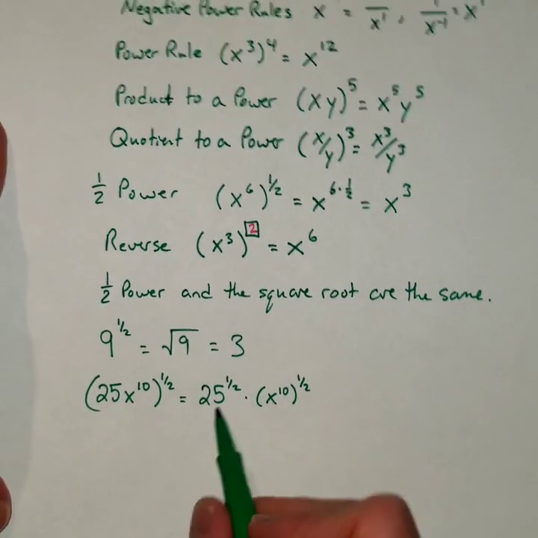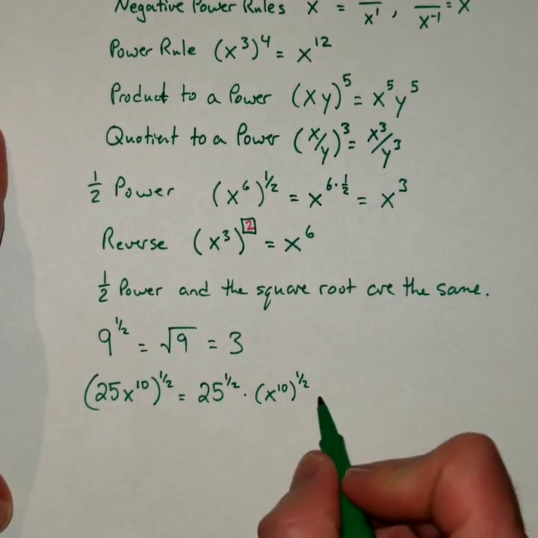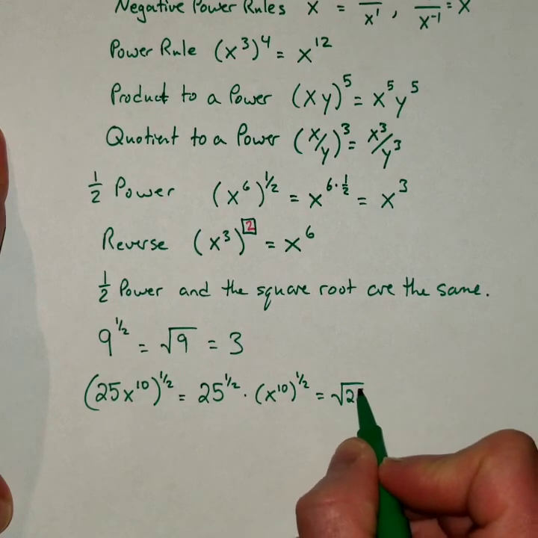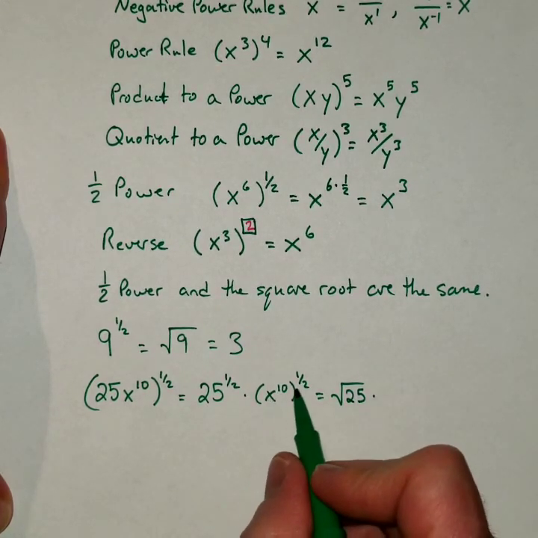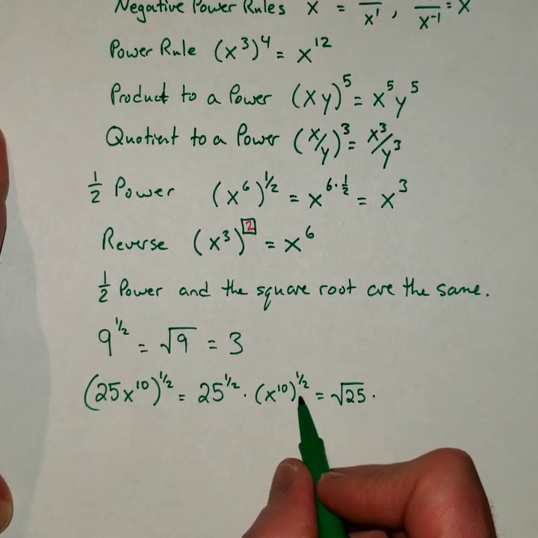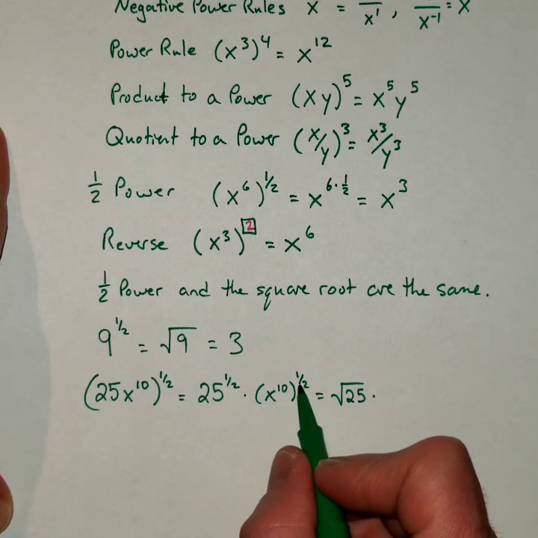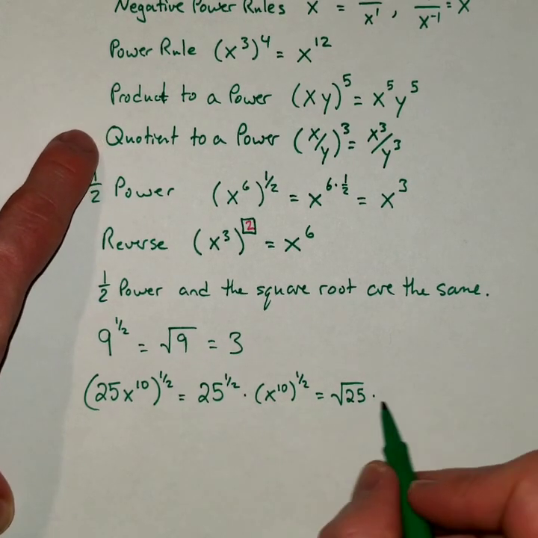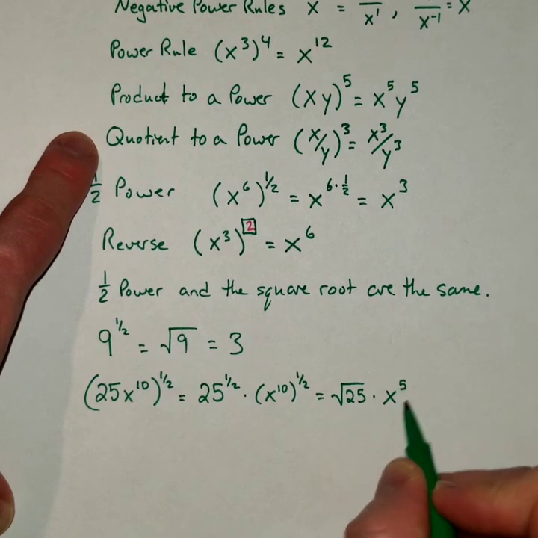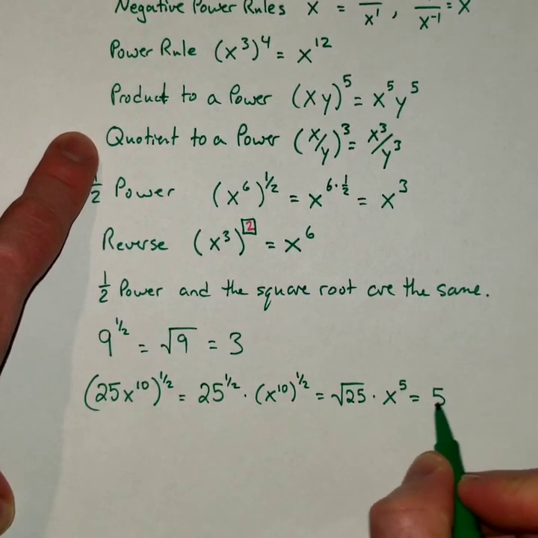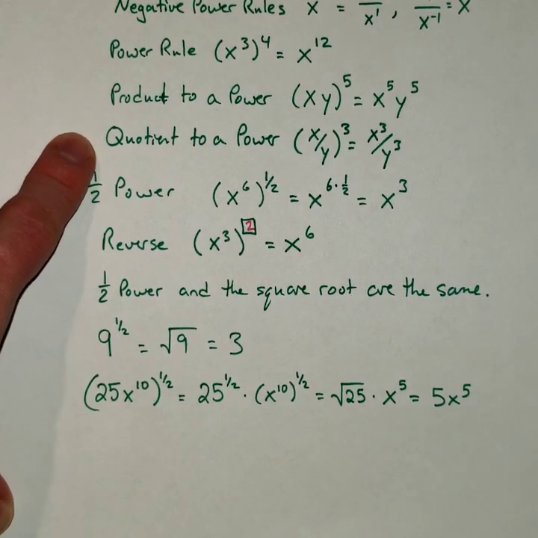And 25 to the 1/2 is really the same thing as the square root of 25. And here I could just multiply these; I don't have to write it as a root. 10 times 1/2 would be x to the 5th. And of course, the square root of 25 is 5, so this becomes 5x to the 5th. Okay.